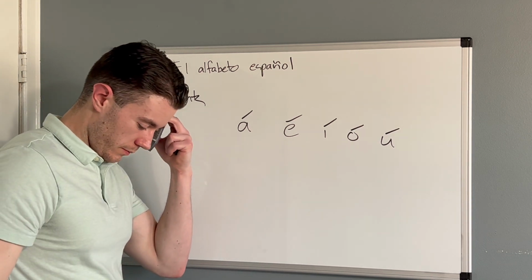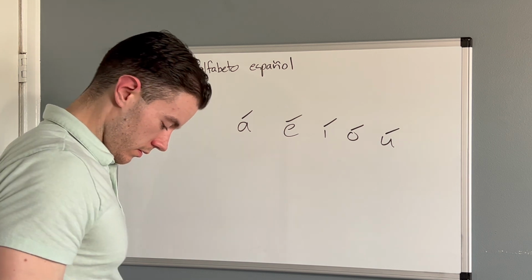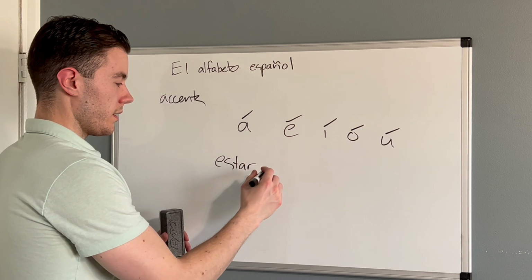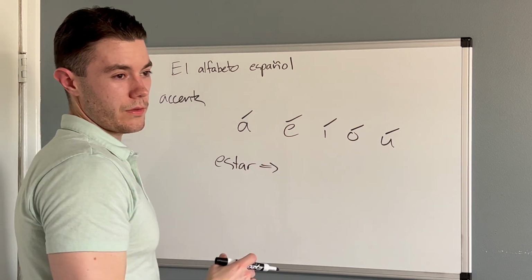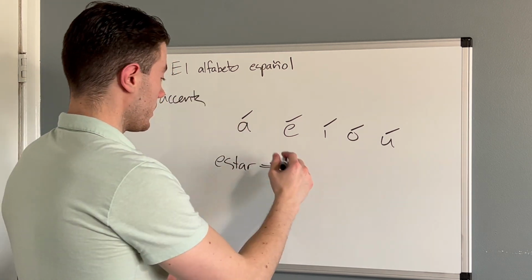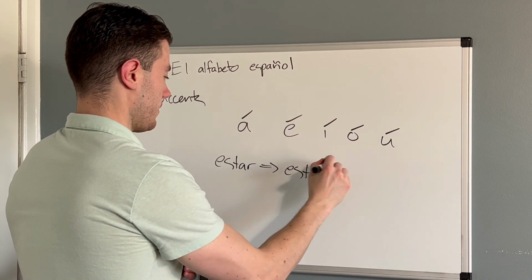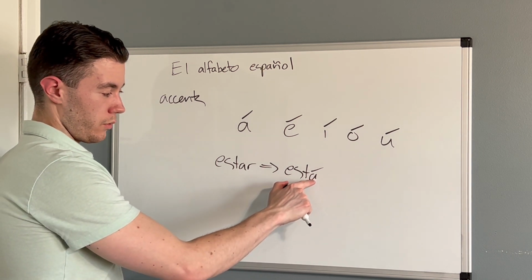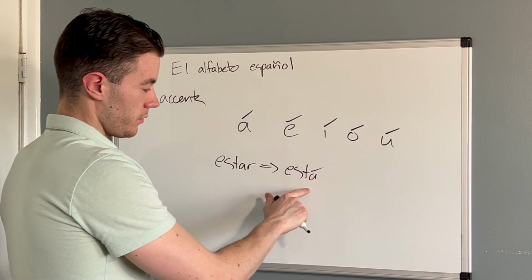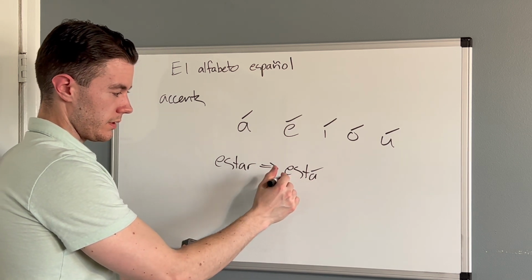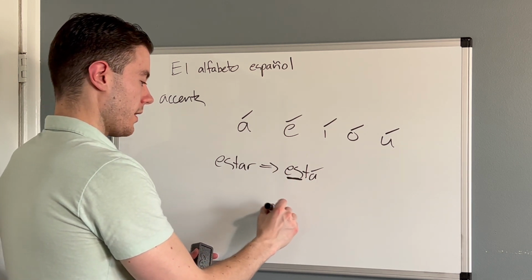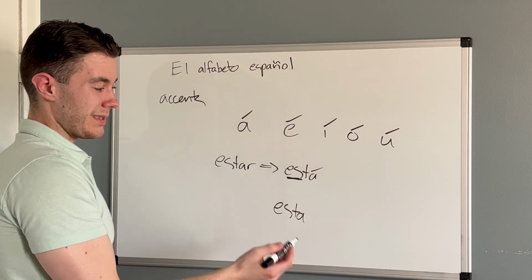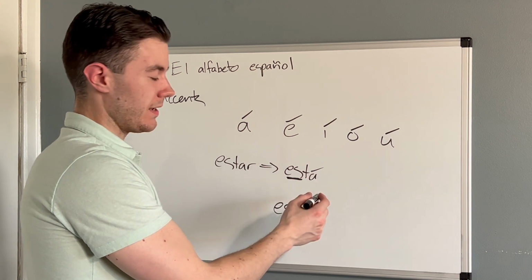Trying to think of an example right now. Okay, the verb estar, to be, when conjugated in the third person singular, is está. And the rule states that since the word ends in a vowel, the stress should be on the second to last syllable, which of course is the first syllable. However, esta means this, and está means is.